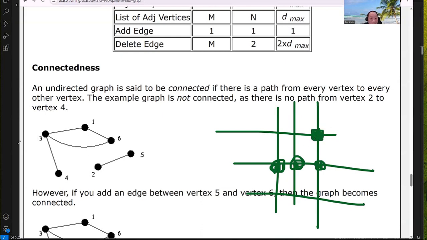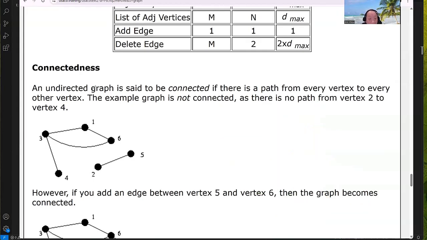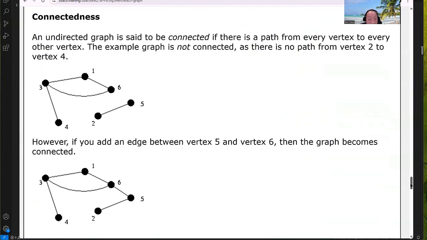For example, these white stones are not connected because they don't have a path from here to here through different nodes that are connected to each other. So that's not connected. So connectedness and strongly connected components is one topic that you will usually see when you do analysis on graphs.